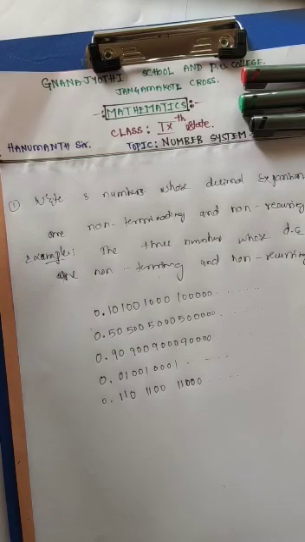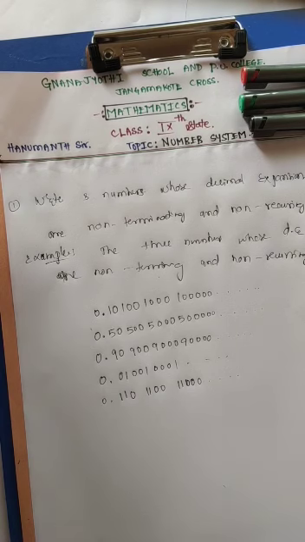Irrational numbers cannot be written in the form p by q, where q is not equal to 0 for all p, q belonging to integers. Another definition: the decimal expansion of an irrational number is non-terminating and non-recurring. A number whose decimal expansion is non-terminating and non-recurring is called irrational.